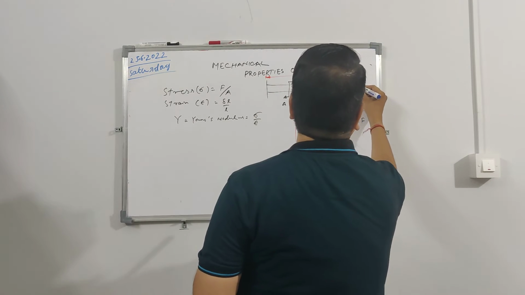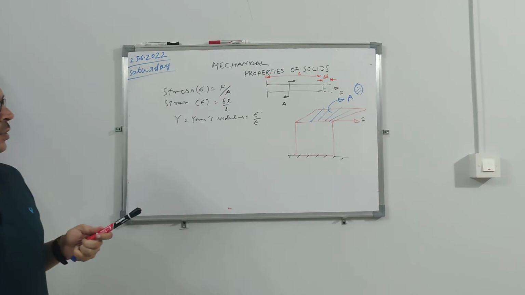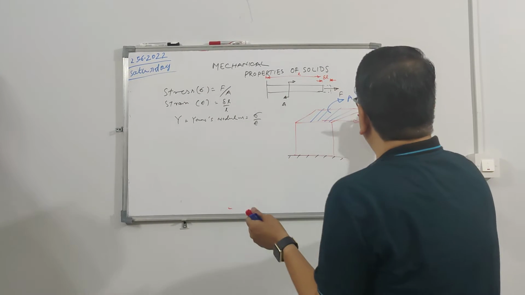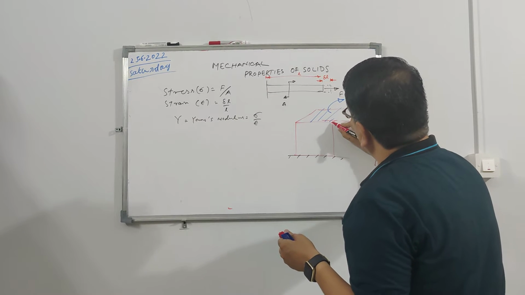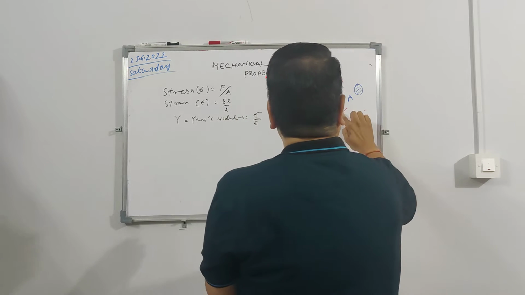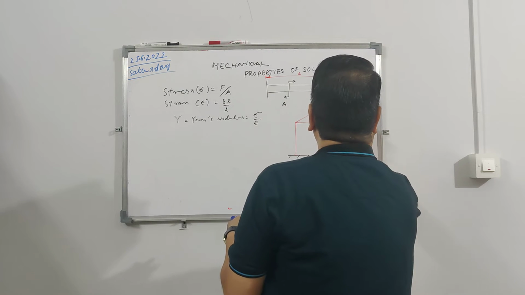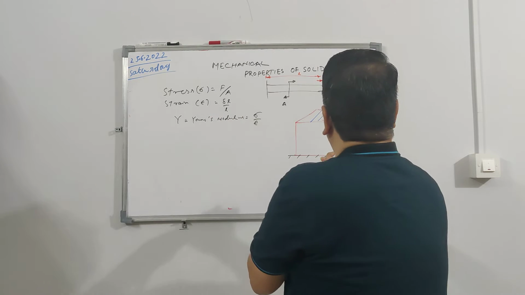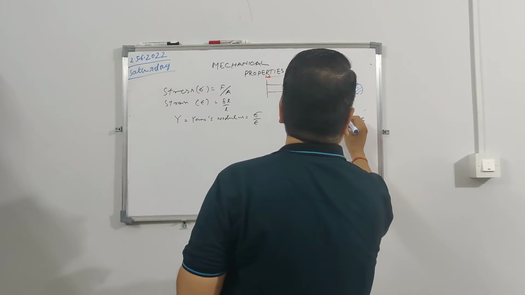But if this is a rod, the load is applied perpendicular to the surface, whereas here the load is applied parallel to the surface. So this is my load.